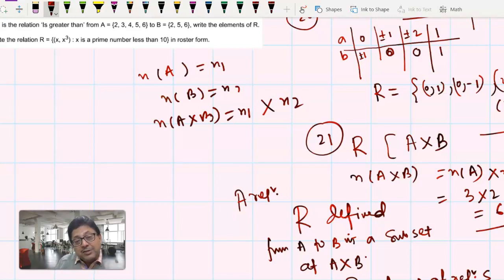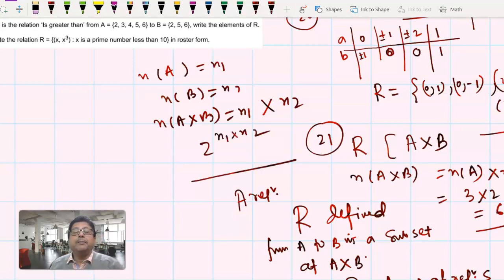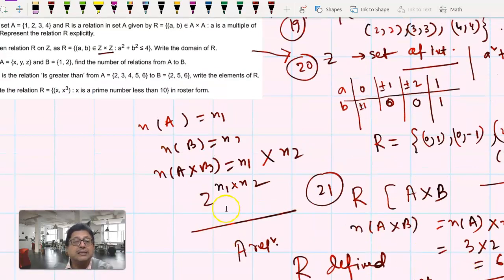So number of subsets of A cross B or relation defined from A to B will be 2 to the power N1 into N2. Why? Because it is actually number of subsets or number of relations from the set A to B, where A cross B contain n1 into n2 number of elements. That's why you wrote 2 to the power 6.